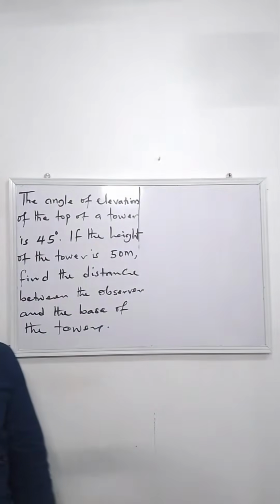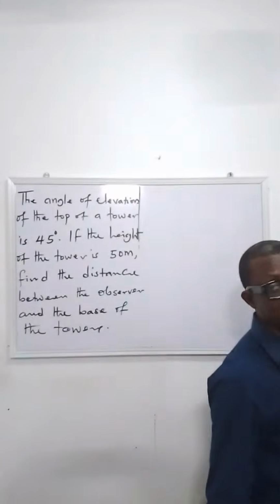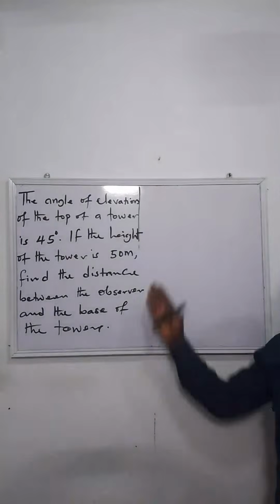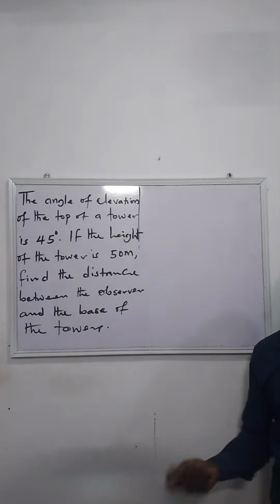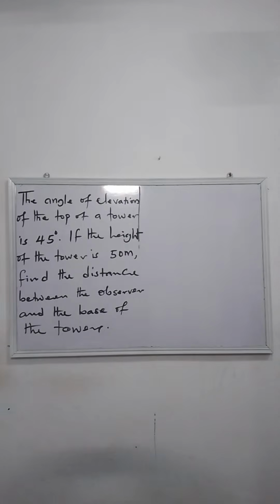Is anybody dropping the answer to that? It's something we can do just within 30 seconds. All of these are just objective questions, so you're expected to use a very short time to do that. Anybody, if you have the answer to that, please kindly drop that in the comment section. Let's see what you're going to have for that. Anybody?